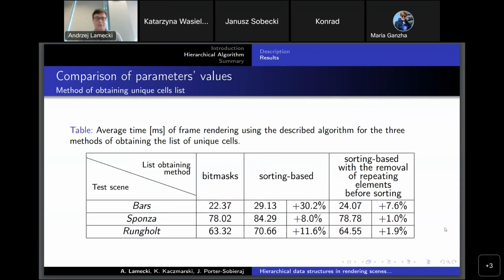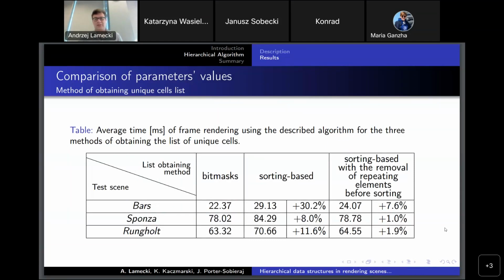We have also compared our three methods of determining a list of unique cells to build an octree. We have used an approach with bit masks, and also with sorting and removing all repeated keys of cells present in a given frame.